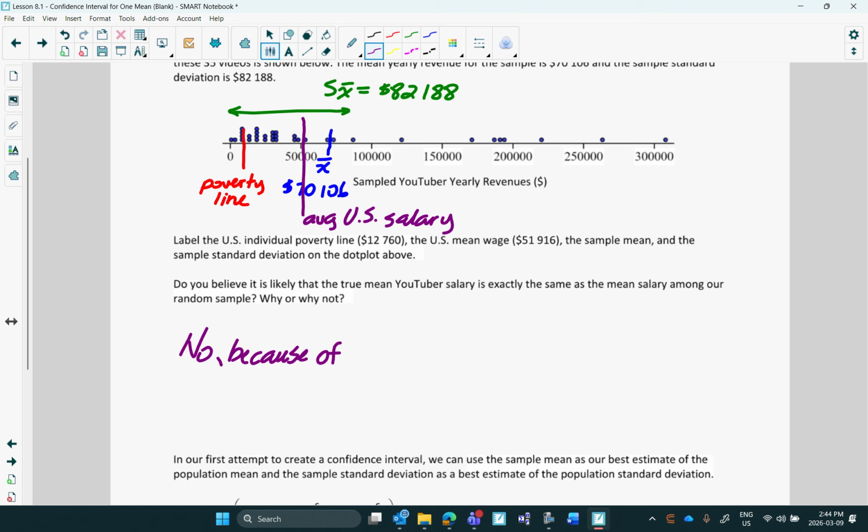Sample variation, thank you. Remember, sampling variation: different samples produce different results.